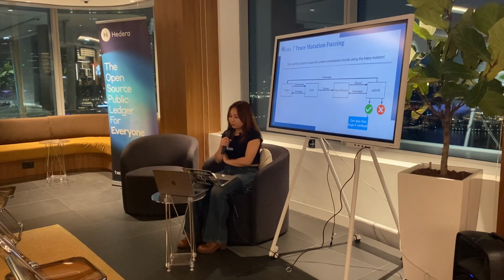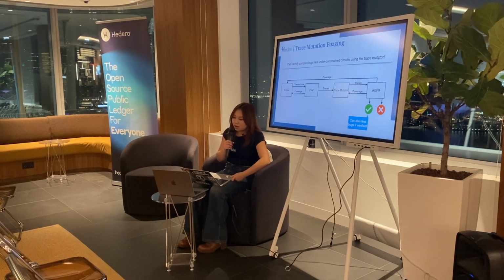In this slide, we are talking about the more exciting fuzzing technique, trace mutation fuzzing. We use trace mutation fuzzing for looking for logical bugs in the zk circuits. First, we generate some valid transactions for the EVM and generate the trace of the transactions.